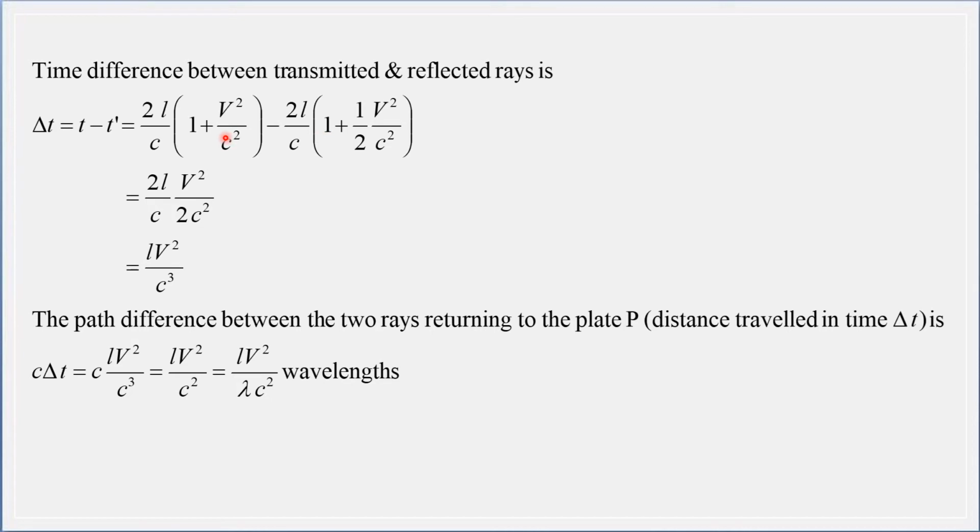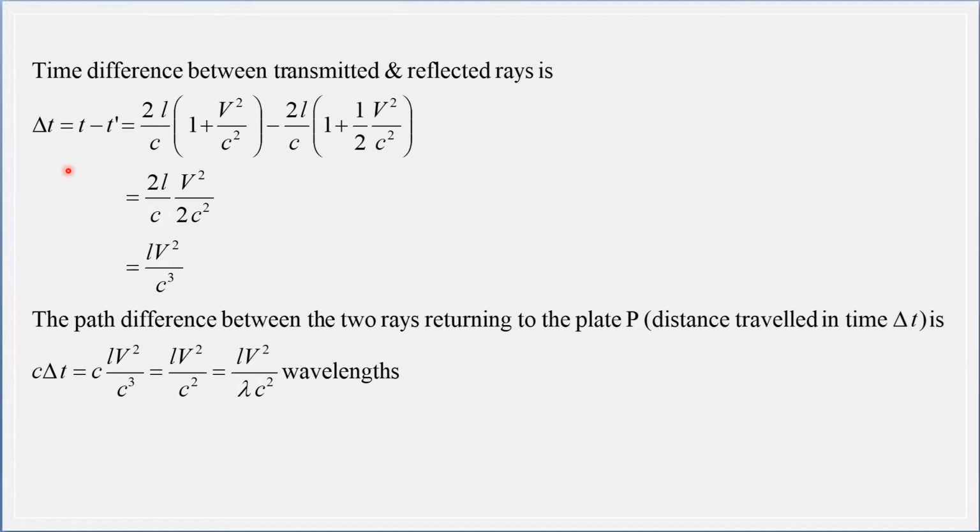What we get here is 2L by C, then V square by C square minus half V square by C square. One minus half is half, and what is common is V square by C square. So we get 2L by C into V square by 2C square. The 2 and 2 cancel, and we get L V square divided by C cube.